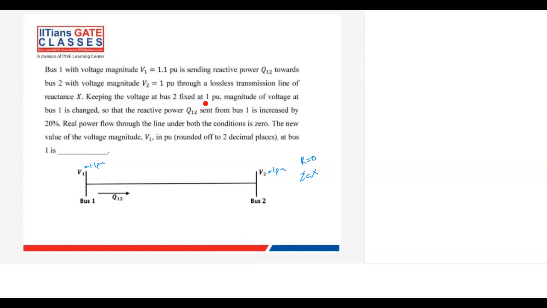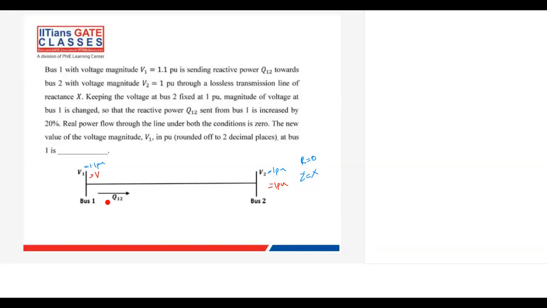Keeping the voltage at bus 2 fixed, it's still 1 per unit, but the magnitude of voltage at bus 1 has changed. We don't know the value of it, so let's call it V under this new condition.